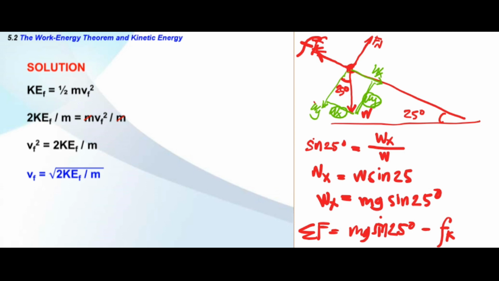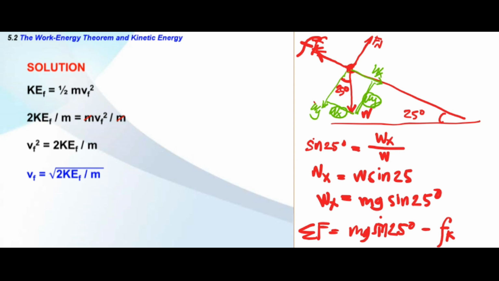From the equation of kinetic energy final equal to 1/2 m Vf squared, by cross multiplication we have 2 kinetic energy final equals m Vf squared.